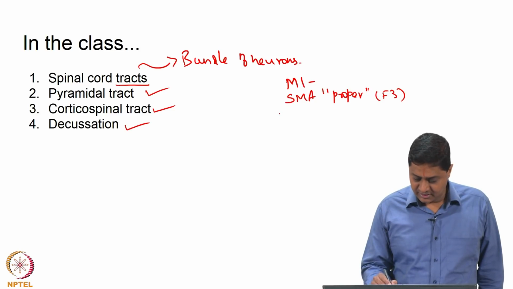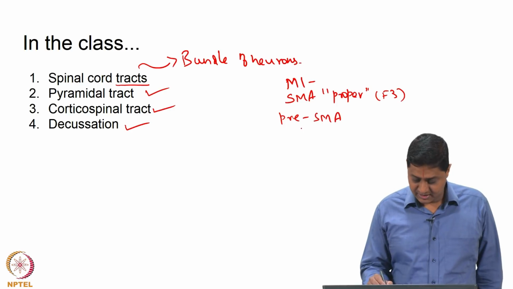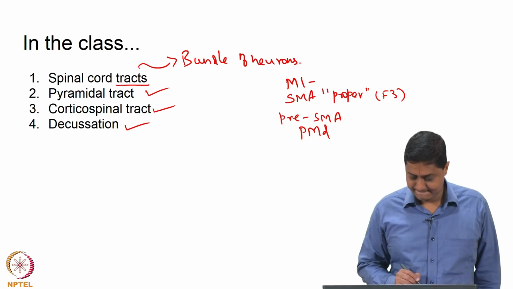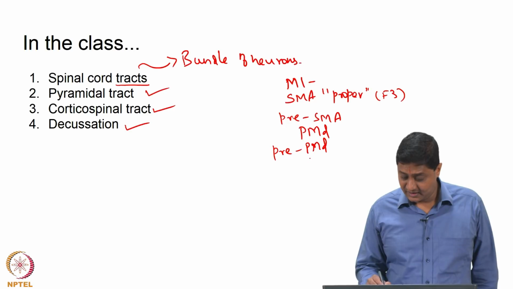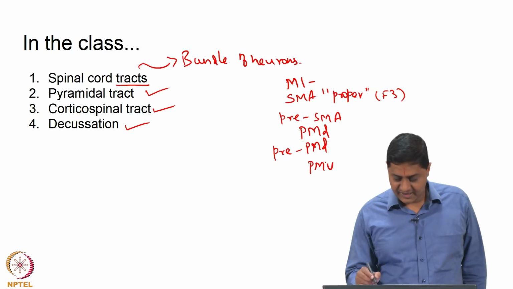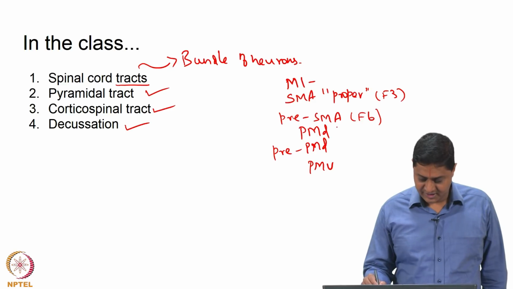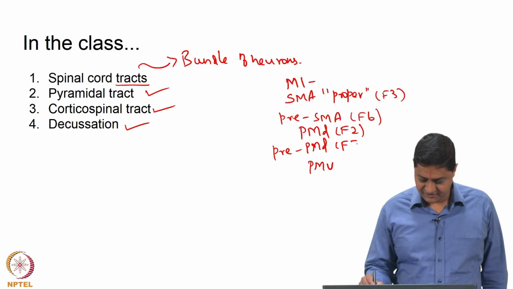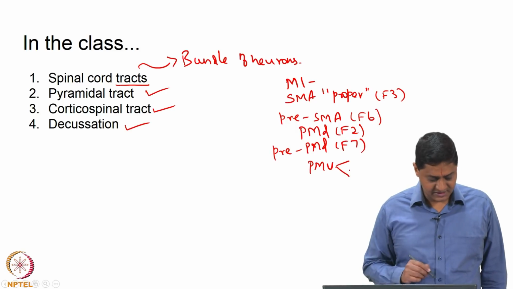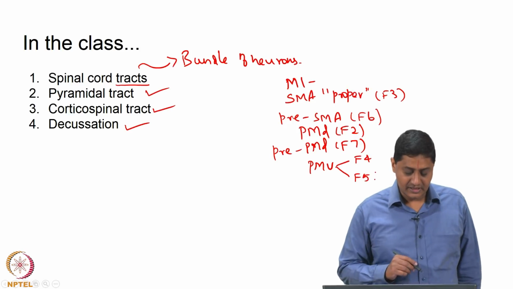Then the pre-supplementary motor area, then the dorsal premotor area, then the pre-dorsal premotor area, then the ventral premotor area. The pre-SMA is area F6, the dorsal premotor area is F2, the pre-dorsal premotor area is F7, and the ventral premotor area is divided into two areas, F4 and F5.